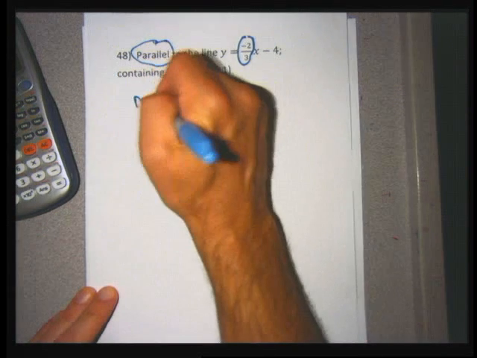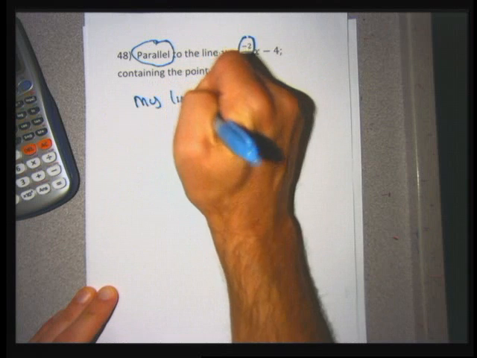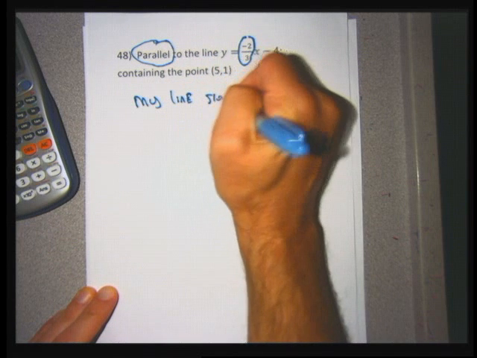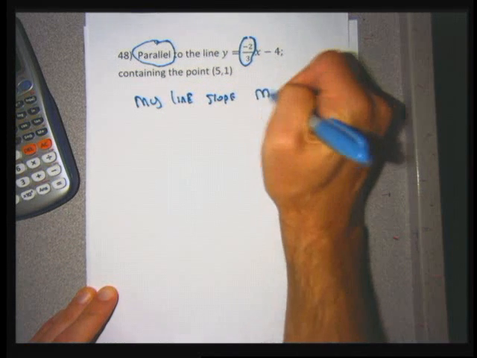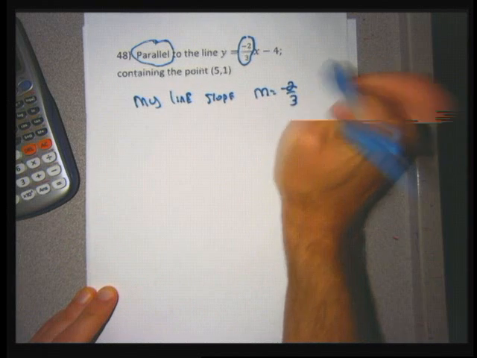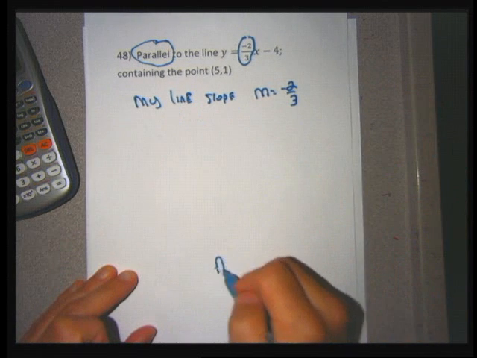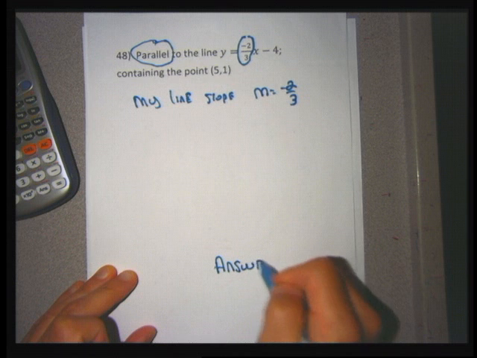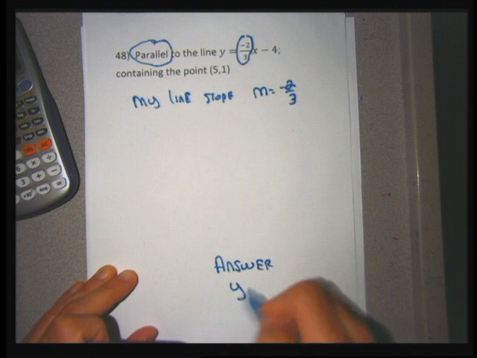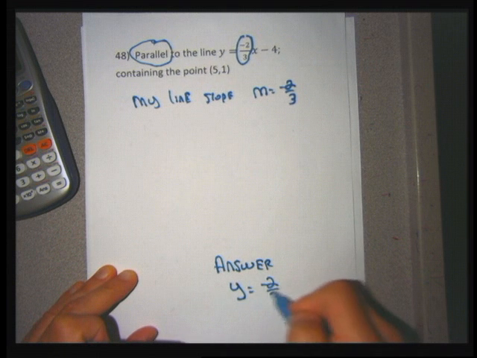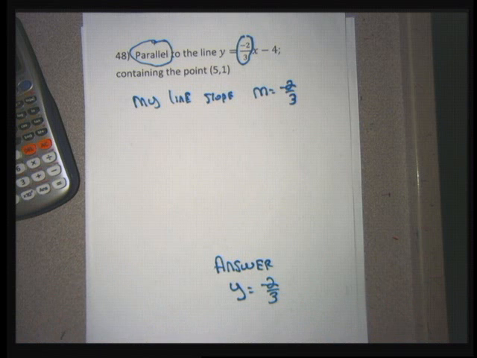My line has to also have a slope that's equal to negative 2/3. So when I go to write my answer, because I'm finding an equation of a parallel line, my line is going to have a negative 2/3 x in the formula.